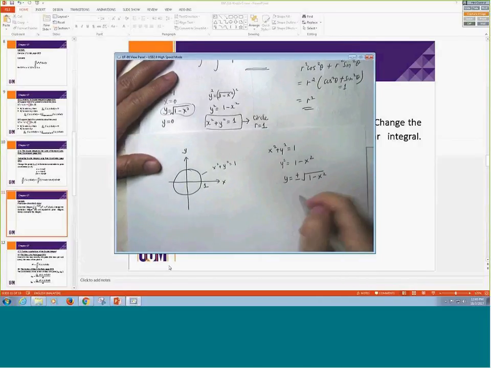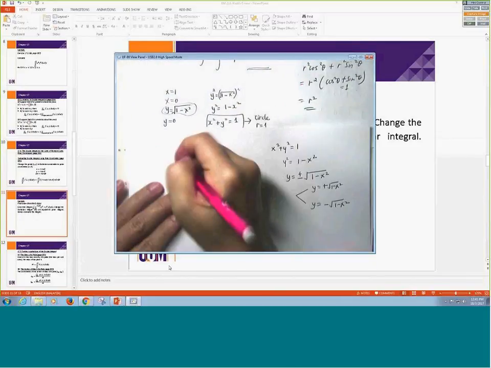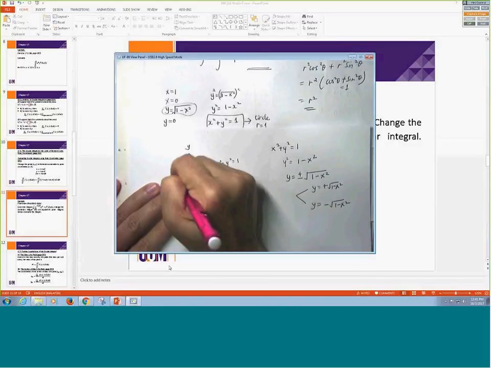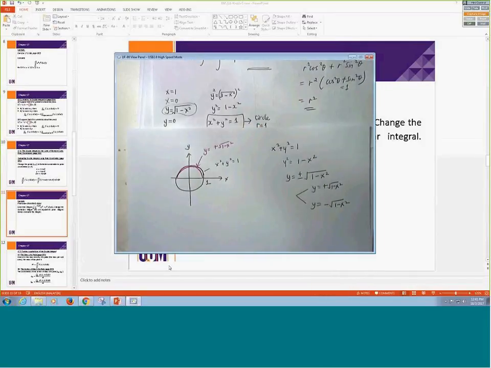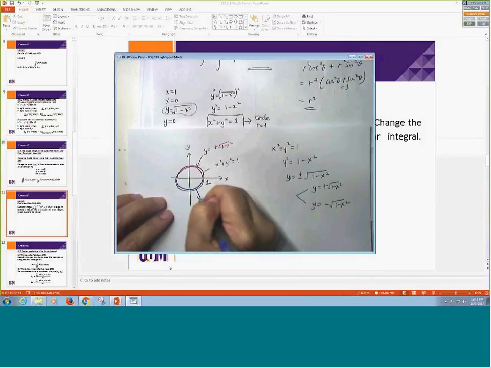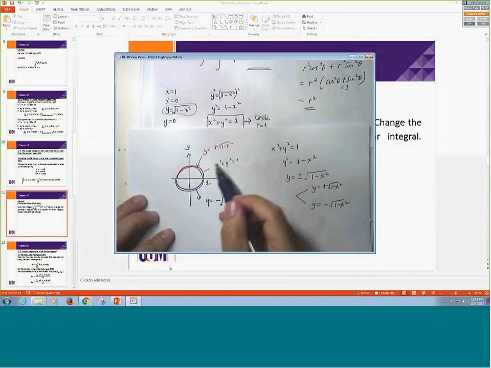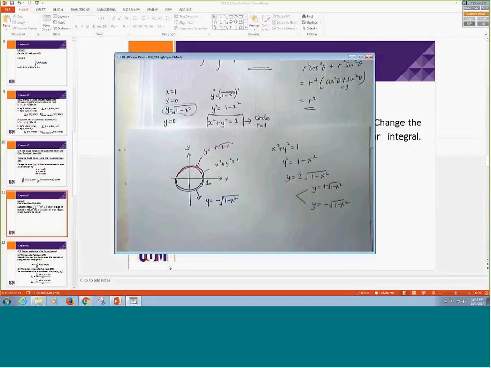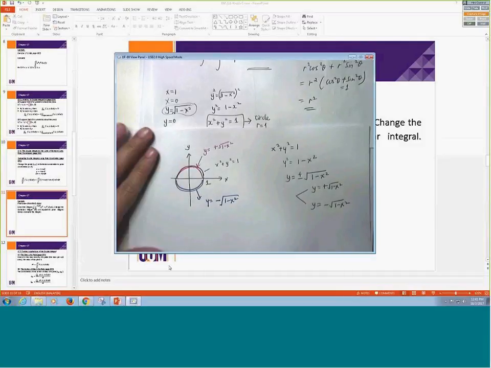One is y positive, the upper part, and the other one is y negative, the lower part. So combined together, x squared plus y squared equals 1, but divided into two parts, one is y positive and the other is y negative. The graph for this is actually the upper part.